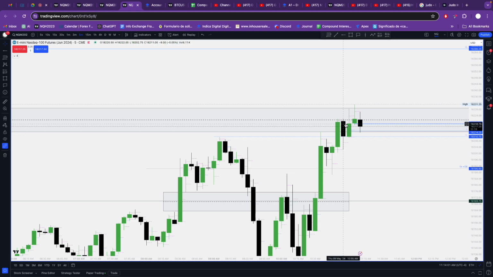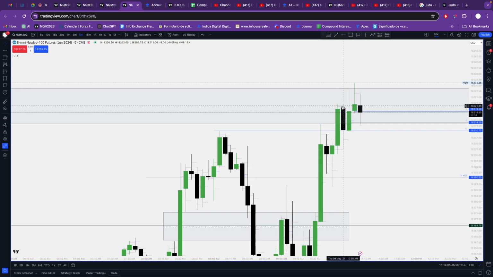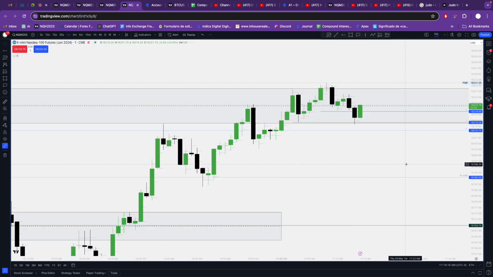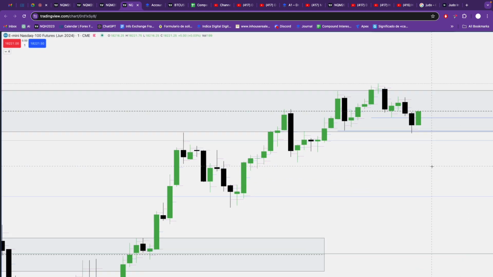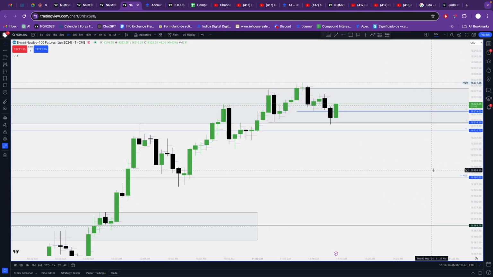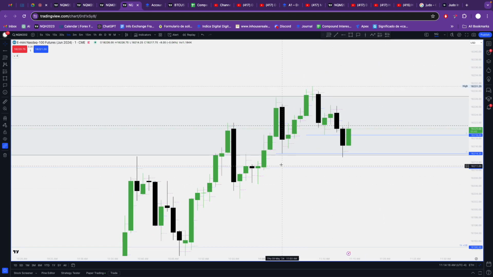So we have this Sibi here, or this bull shorter block here. This could just be a propulsion block that we're looking at, because we do have this fair value gap right in here and this is also discount, right?